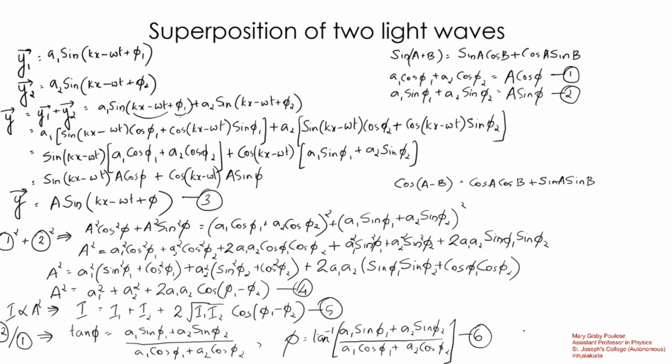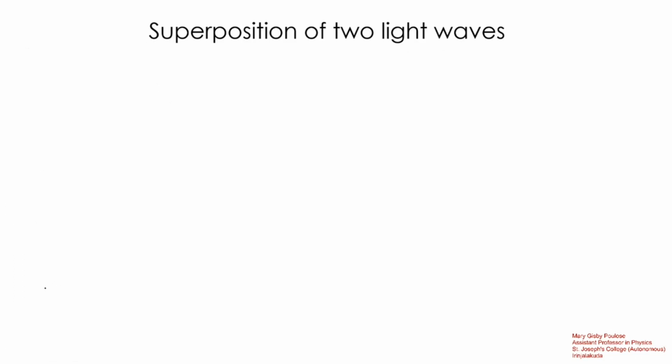Okay, so here we have derived the expression for the resultant wave y is equal to A sine kx minus omega t plus phi, where the amplitude is given from expression 4 and the phase is given by expression 6. So let us write down the mathematical expression in a neat form.